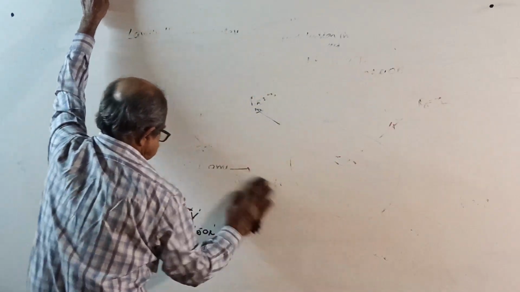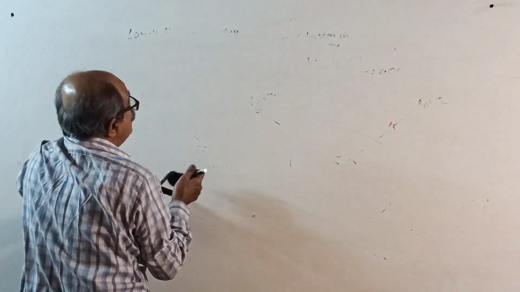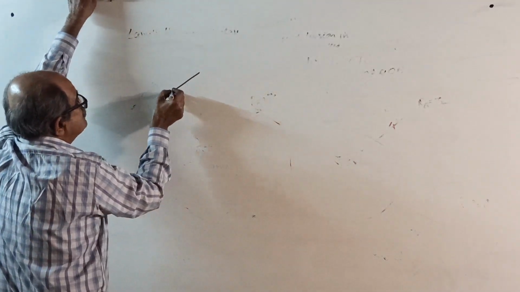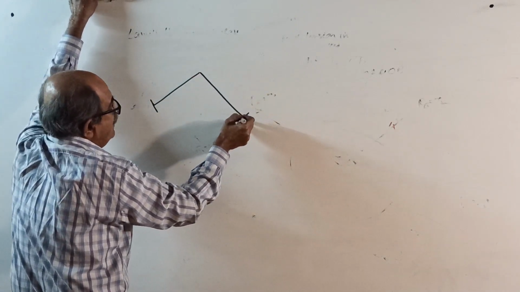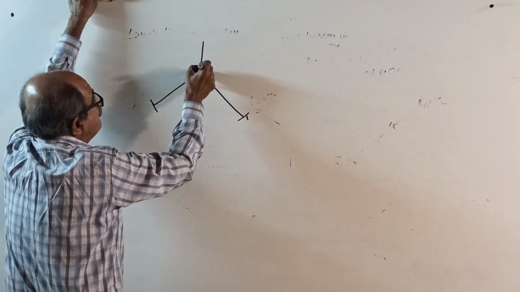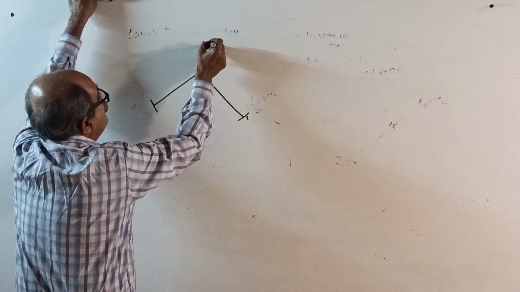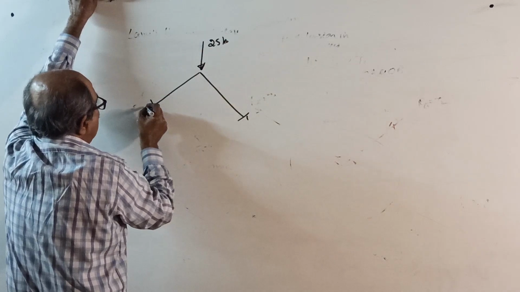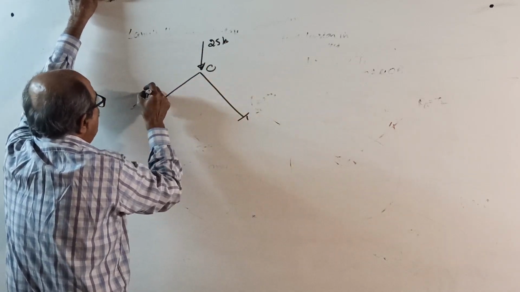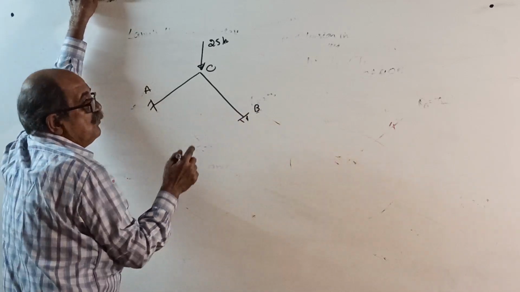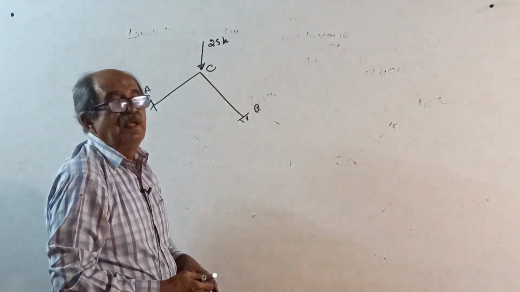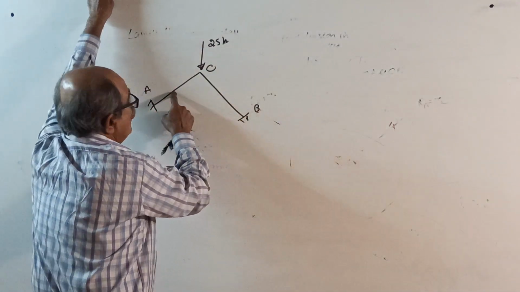One more question. Two solid rods of steel, or gold also will do, placed this way. A load is applied from here, some load, 25 kilonewton. This is O, A, B. It is in equilibrium. Find the forces in the rods.